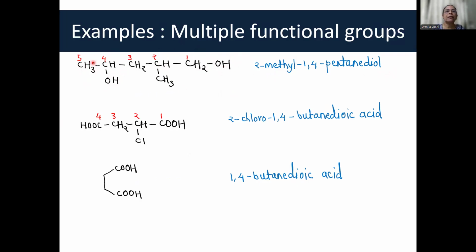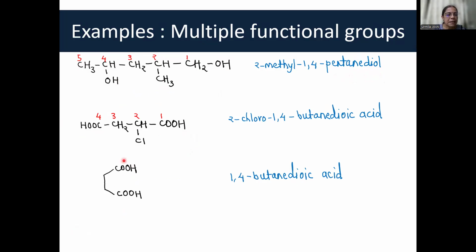That is not the way of naming. 1,4-pentane diol. Now, when you are writing 1,4-pentane diol, make sure that you complete the pentane name with the E. If it is pentanol, we do not write the E, but here we write E. Same is the case over here.